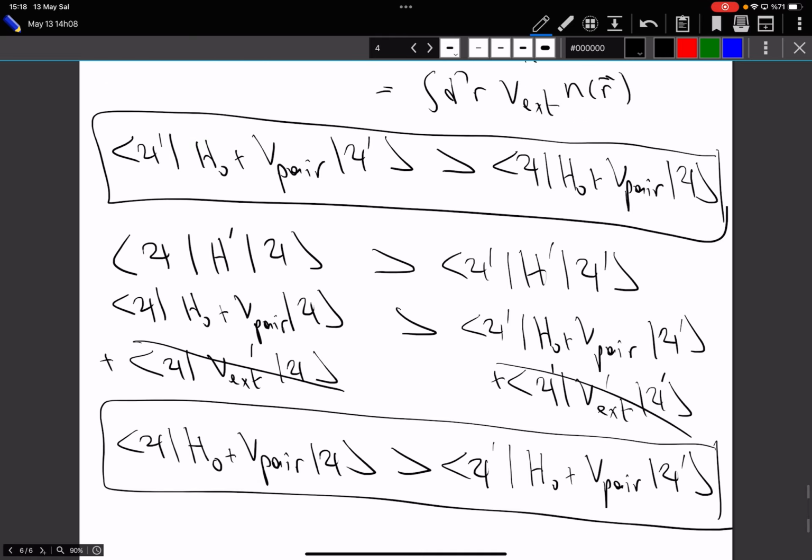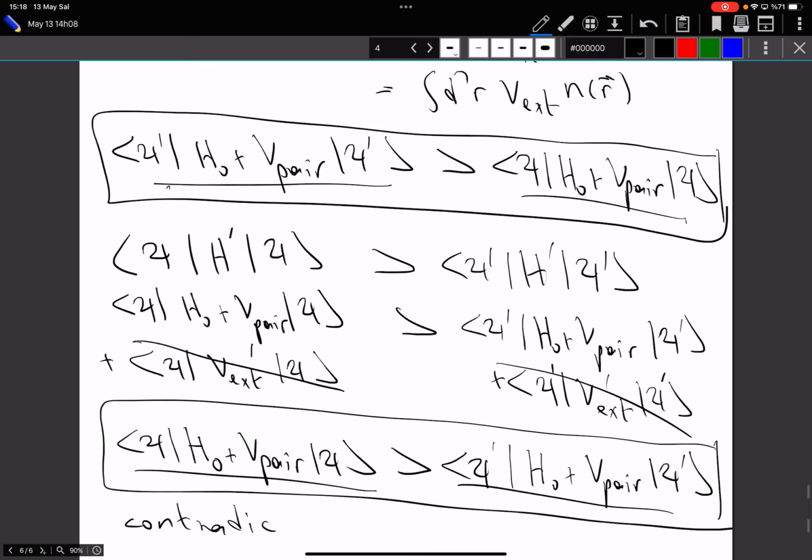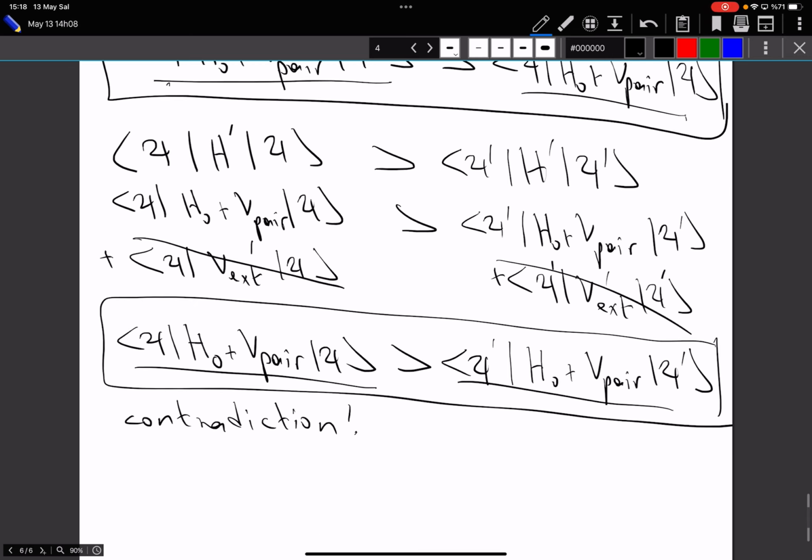You see, I have these two matrix elements. This tells me that this one is larger than this one. This tells me that, no, it's the other way around. So I have a contradiction, which basically tells me that the original assumption has to be wrong.